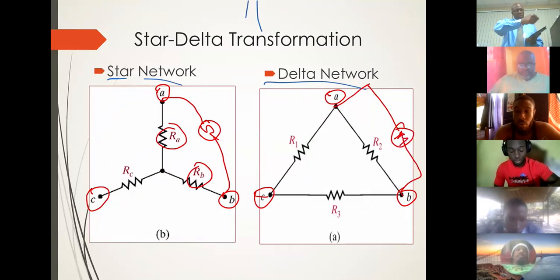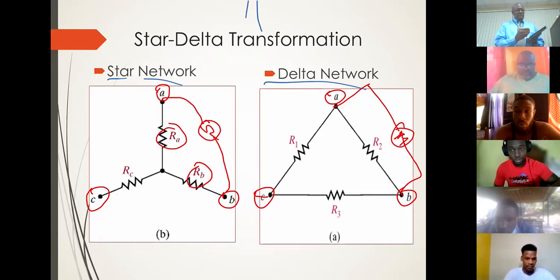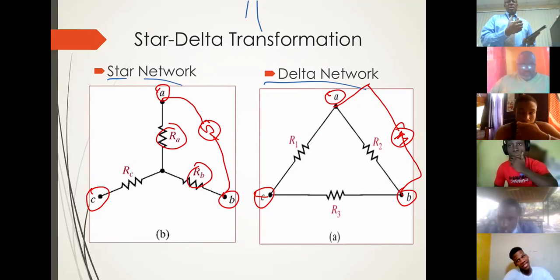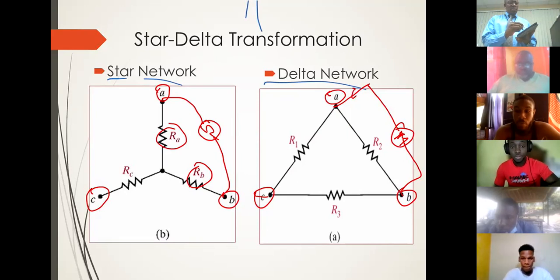If I were to put R2. R2, sir. But isn't R2 connected to R1 and R3? Now, do you know how an ohmmeter works? An ohmmeter requires that you have a source, and what it does is pass a current through the network.